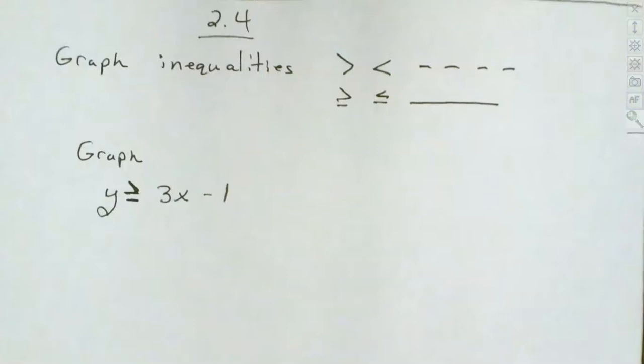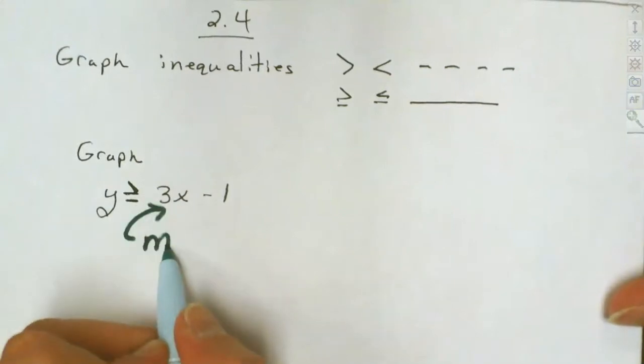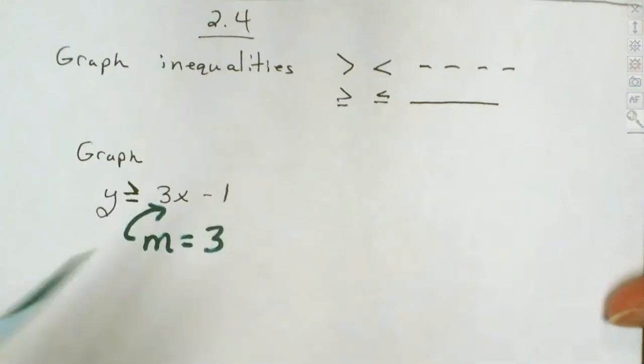Now, if I want to graph this line, I need to make sure it's in slope-intercept form. Is it in slope-intercept form? Has it been solved for y? It has been, hasn't it? Okay. So, what's my slope? Let's find that. It's already been solved for y. So, my slope would be what? 3. Number in front of the x.